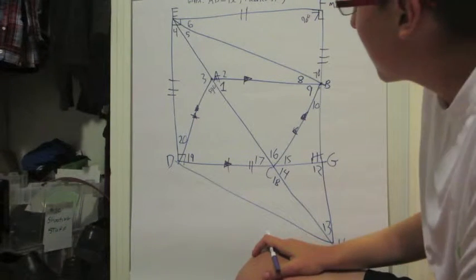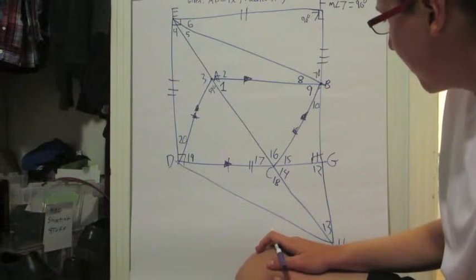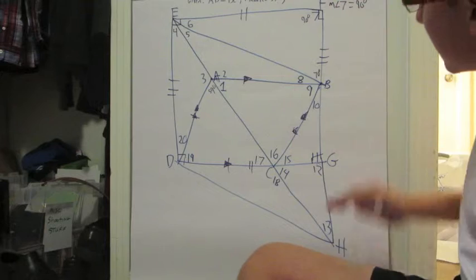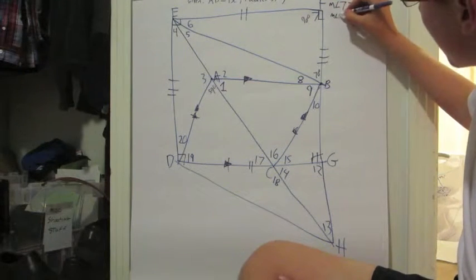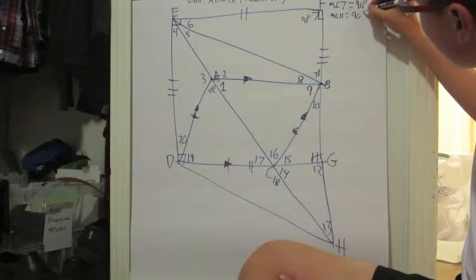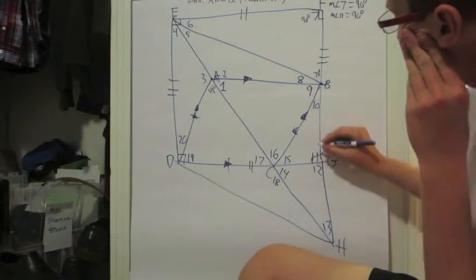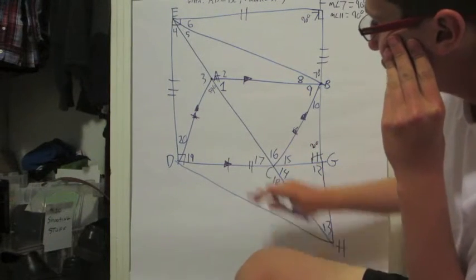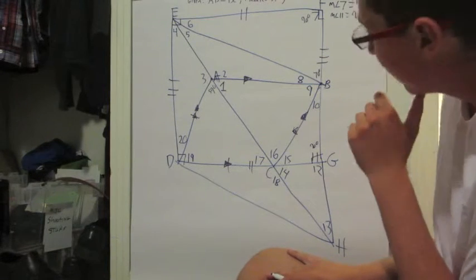The next one that we can figure out is the measure of angle 11, which also has the same property as 7, and it's on the corner, which makes measure 11 90 degrees as well. The next one that we can figure out is measure 17.